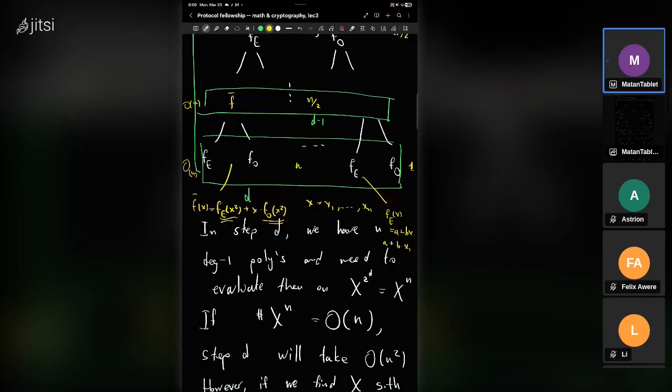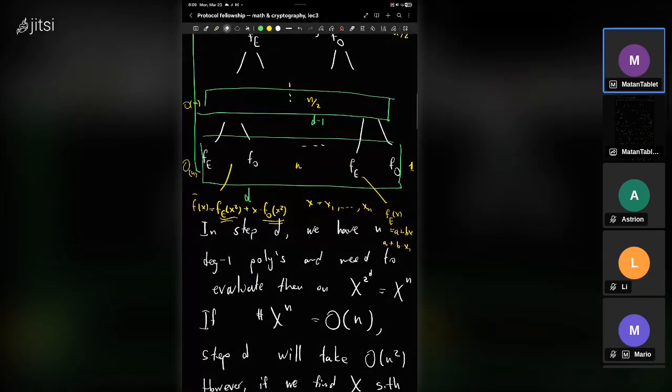Now I go with the information that I gathered from step D. I go to step D minus 1. In step D minus 1, I have this F. Let's call it F, okay? It's kind of abuse of notation. It's not the original F, but in a kind of local view, this is the F we care about.